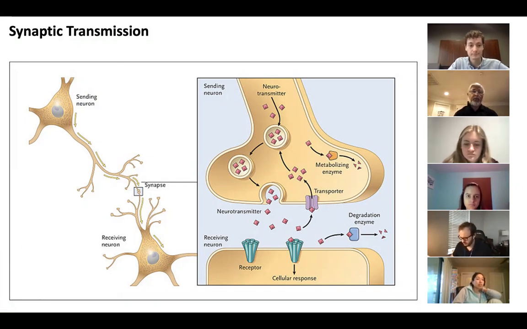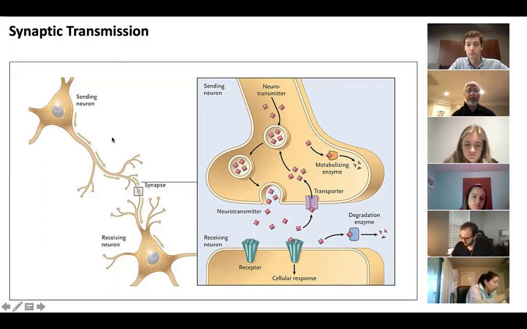Good. So the first thing today is we'll cover the synaptic transmission. The synapse is a junction where one neuron ends and another neuron begins. So you can see this is a neuron here, and this is the end of this neuron, and this is the beginning of this neuron. So this part of this neuron is involved in a junction with this neuron.